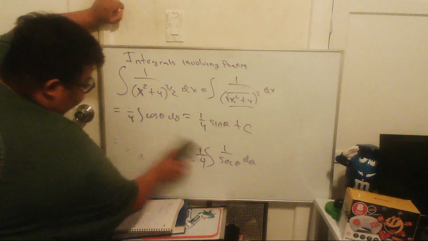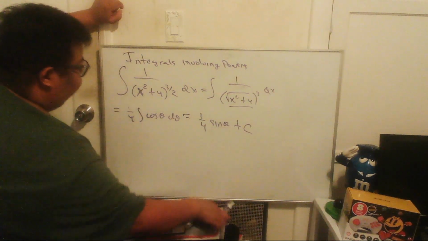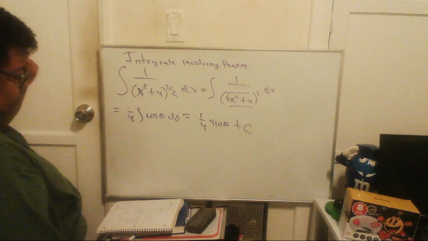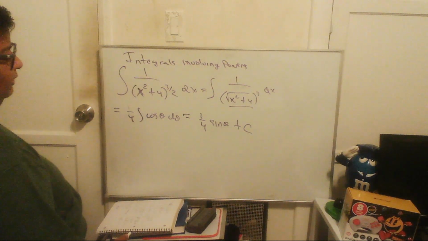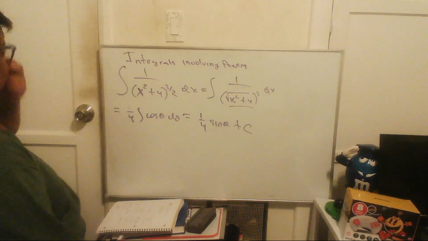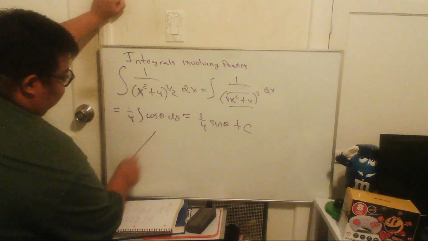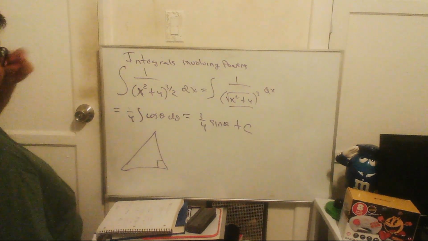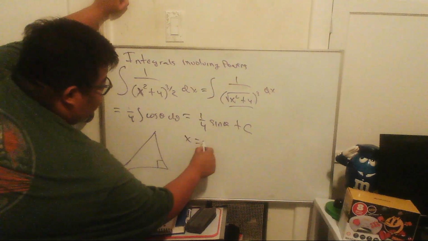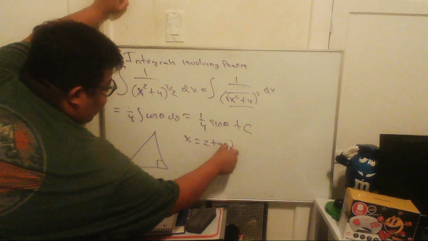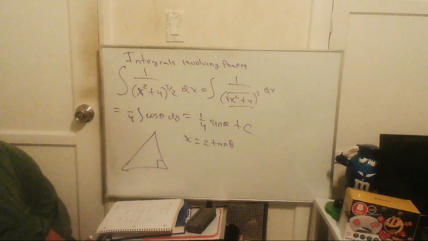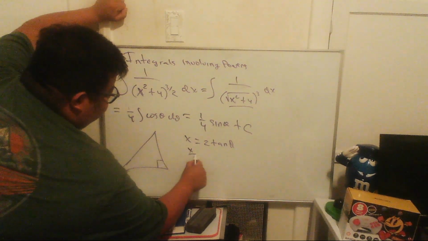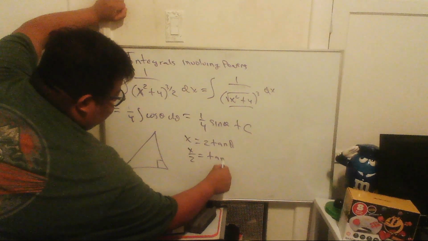Okay, so now that we have sine theta, if I want to change back to x, I need to relate theta and x. So I'm gonna use a right triangle. We said that x was equal to 2 tangent theta, and remember, I can solve for x over 2 equal to tangent theta.